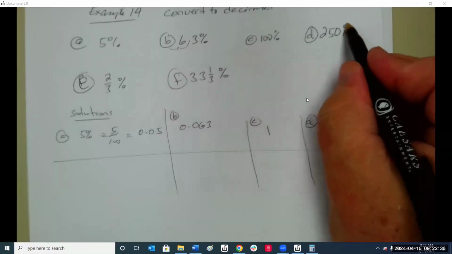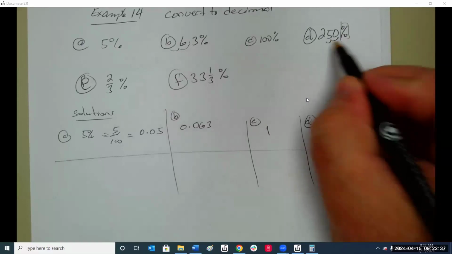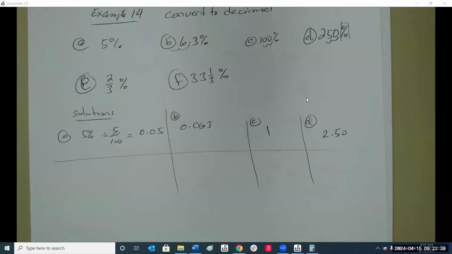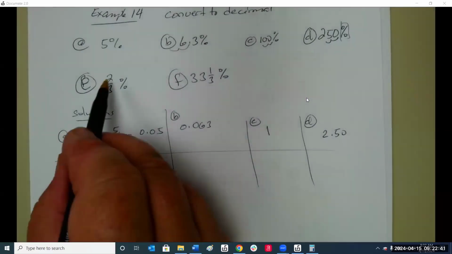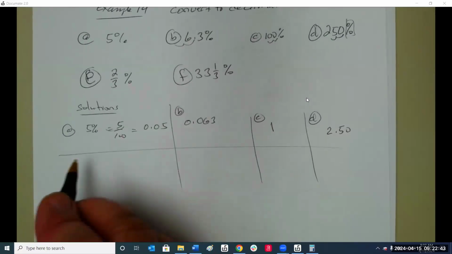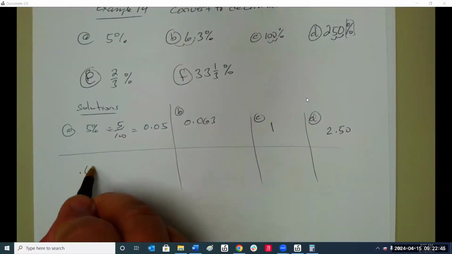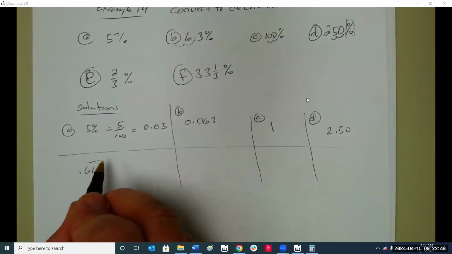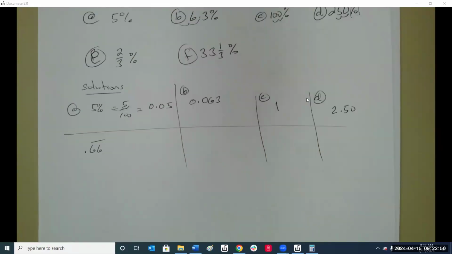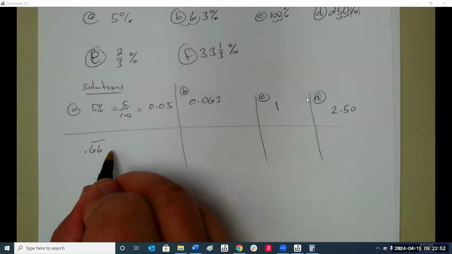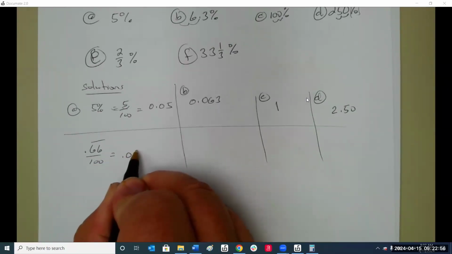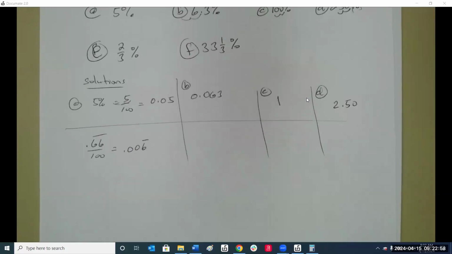Yeah, so since it's divided by 100, you just move it 2 spaces to the left. What is 2 divided by 3? 0.666666666666. So divide that by 100. You get 0.006 repeating.